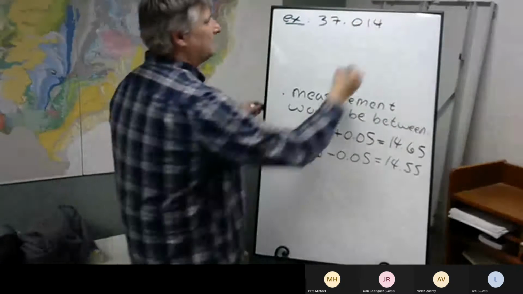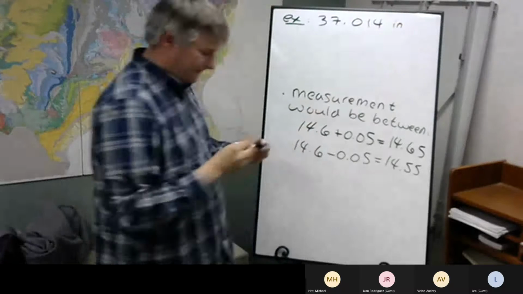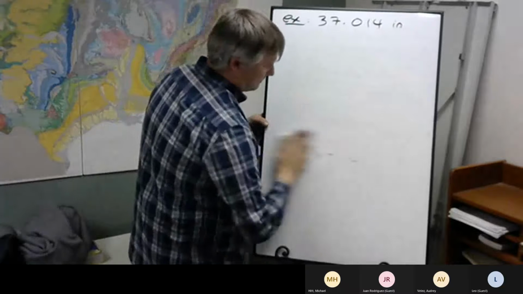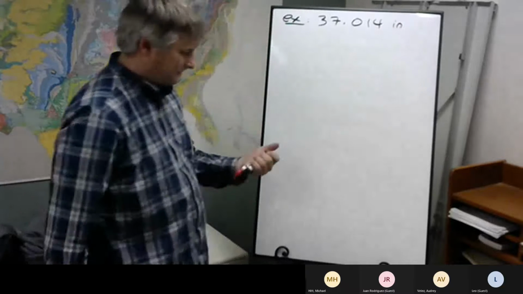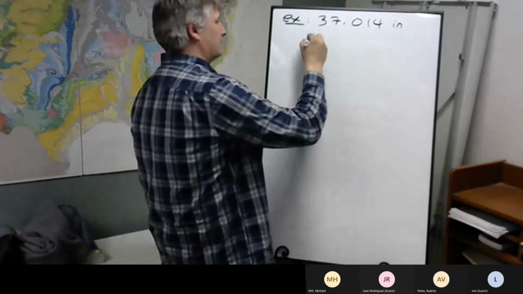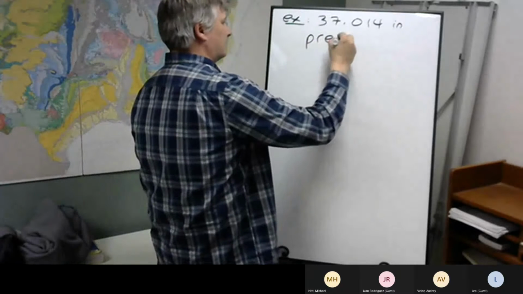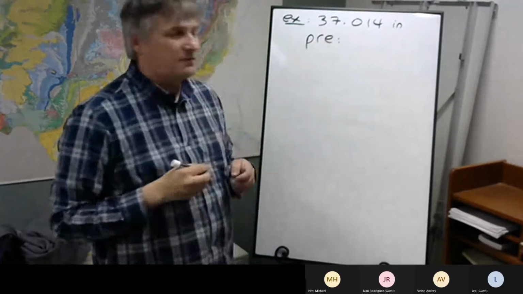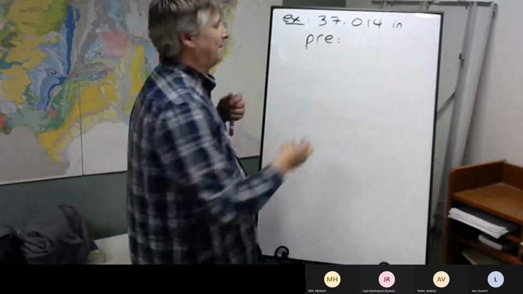Let's say we have something like this. Let's give it some units. We'll call it inches. So first, we want to identify precision. Tenths, hundredths, thousandths. It's the place value of the rightmost significant digit.